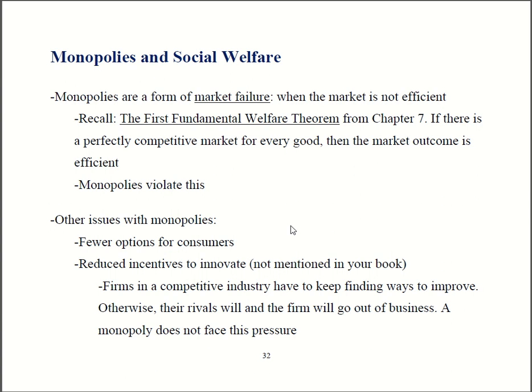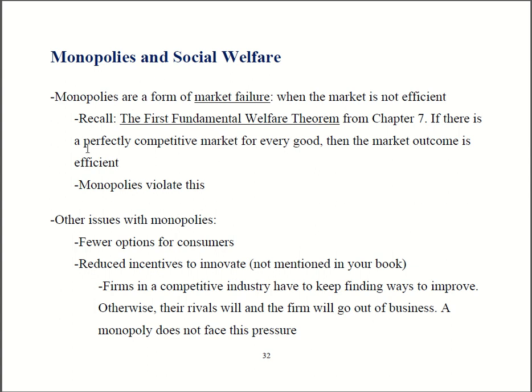So this can be reconciled with a result we had earlier when looking at markets. We saw that the big justification for free markets was the first fundamental welfare theorem. The first fundamental welfare theorem said if we have these two conditions satisfied, then markets are efficient. Those conditions are you have a market for every good, and secondly, those markets are always perfectly competitive.